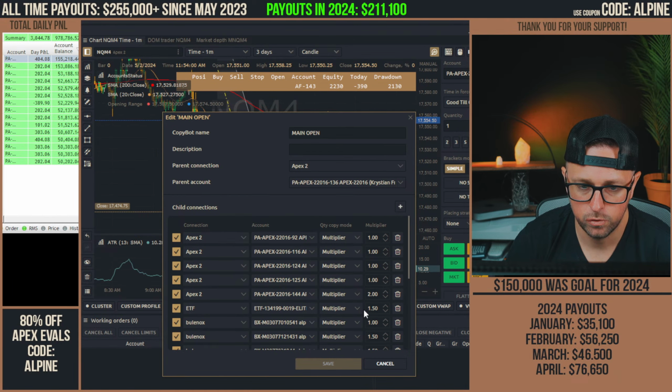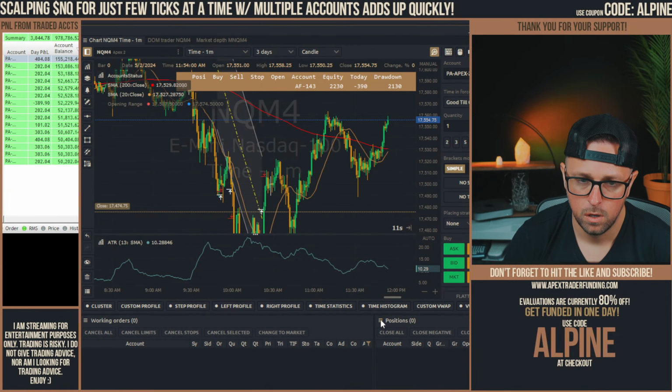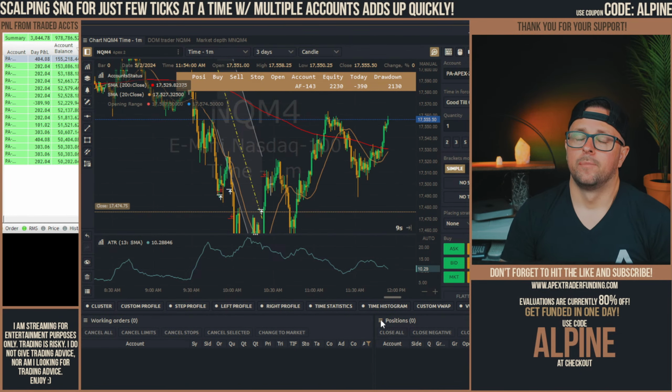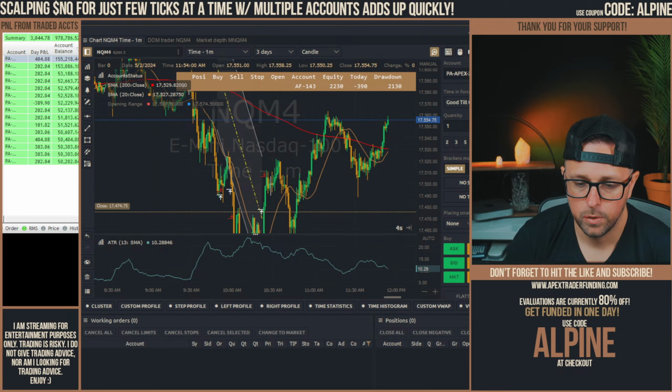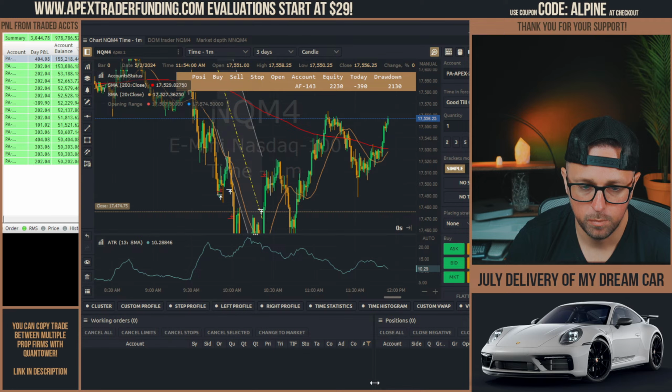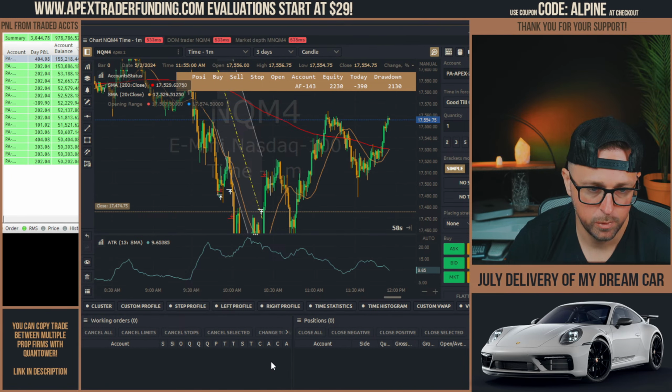If I want to trade 3 contracts, I'll multiply it by 1.5. So it makes it easy to trade multiple accounts in different sizes. And also there is a big update coming to the Quant Tower copy trader with being able to trade between micros and minis.